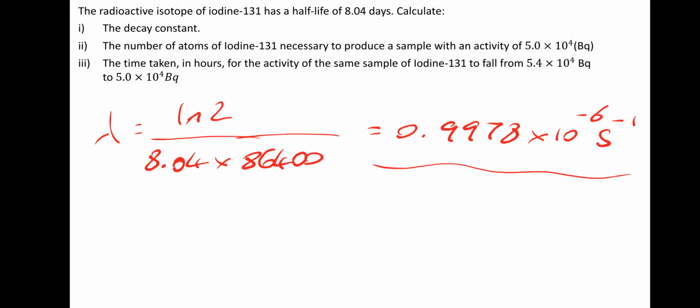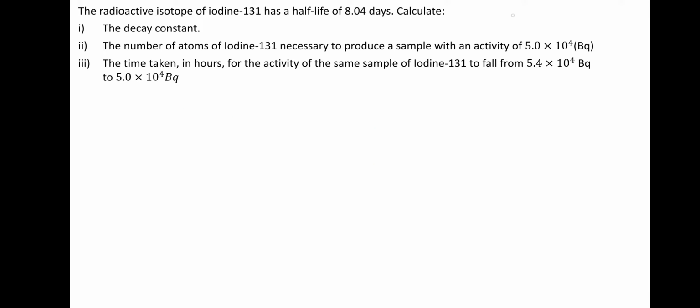Let's move on, let's do part 2. So the number of atoms of iodine-131 necessary to produce a sample with an activity of 5 times 10 to the 4 becquerel. Activity is lambda N, so activity divided by the decay constant will give us the number of atoms necessary.